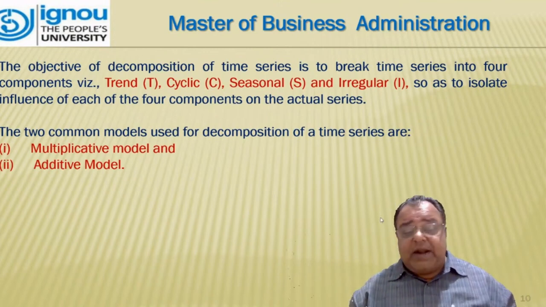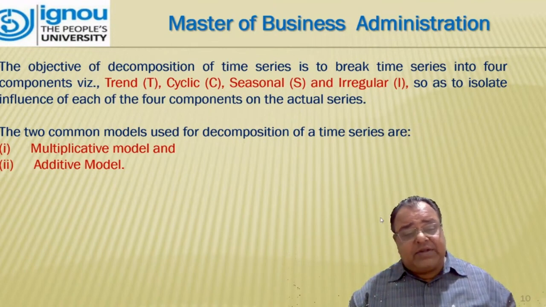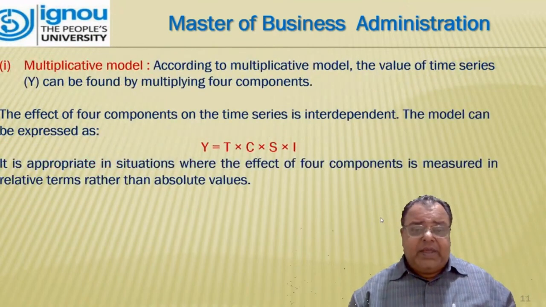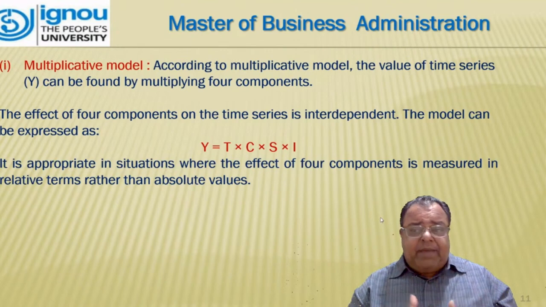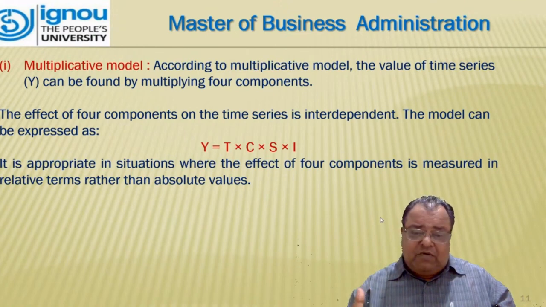There are two models which are used for decomposition of time series. First one is the multiplicative model and the second one is the additive model. In the multiplicative model, the values of time series y can be found by multiplying all these four components.